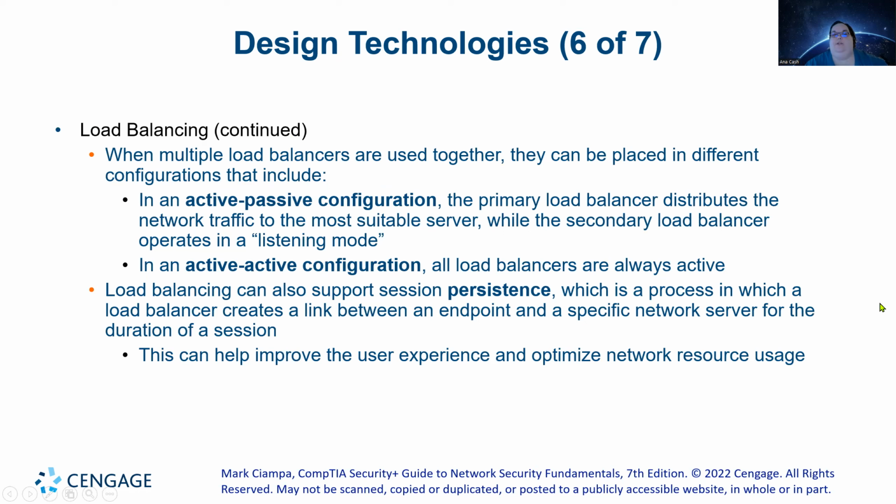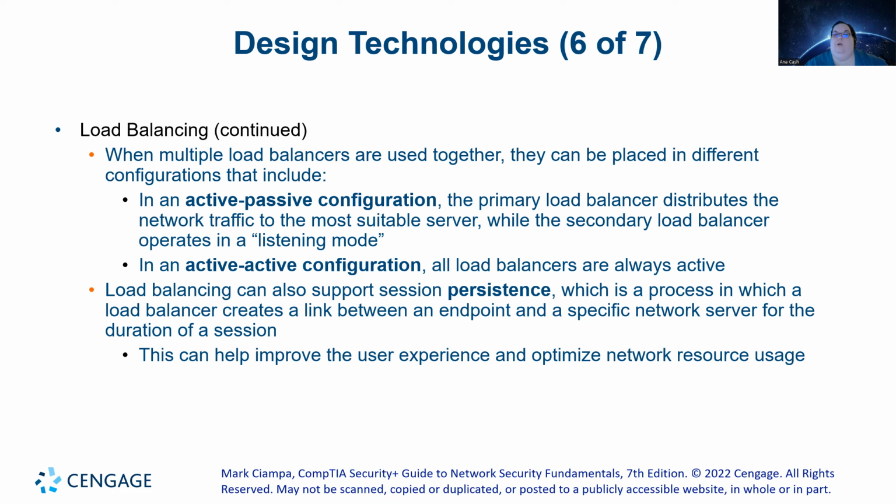When multiple load balancers are used together, they can be placed in different configurations that include an active-passive configuration. The primary load balancer distributes network traffic to the most suitable server, while the secondary load balancer operates in a listening mode. In an active-active configuration, all the load balancers are always active.